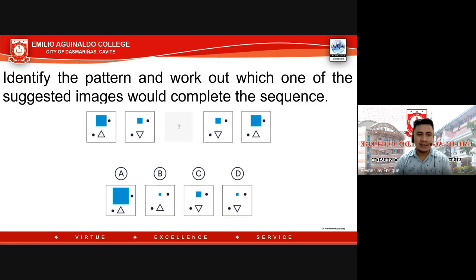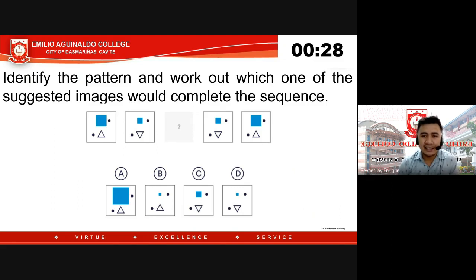Just take a look at the choices. I will be giving you, you may pause the video for a while, and I will be giving you 30 seconds for you to answer this problem. So maybe 30 seconds is enough for you to grasp the answer. Is it letter A, letter B, letter C, or letter D?